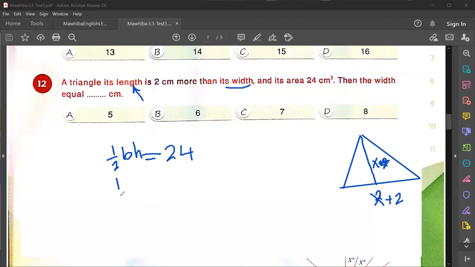So we want base times height; you multiply by 2, then you get 48, right? 48 you can find as 6 times 8. The difference between base and height is 2, so the best answer is 6 times 8 equals 48.